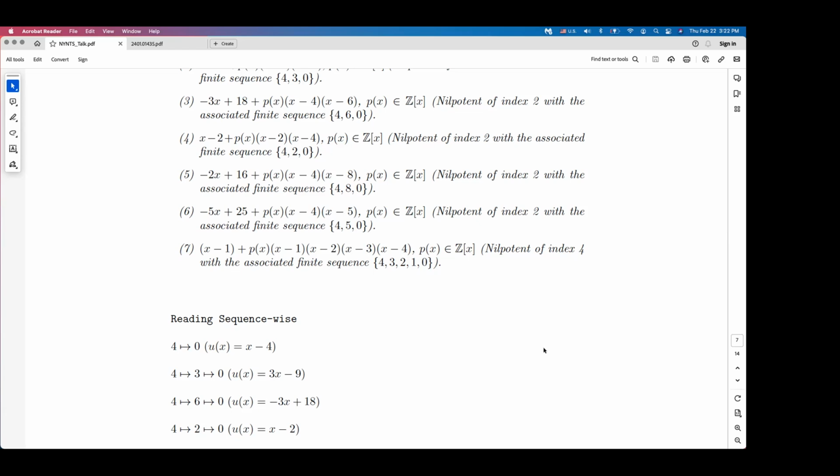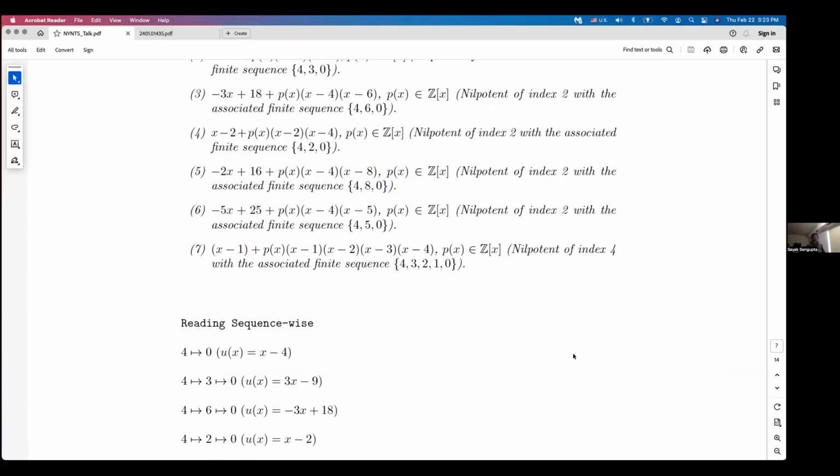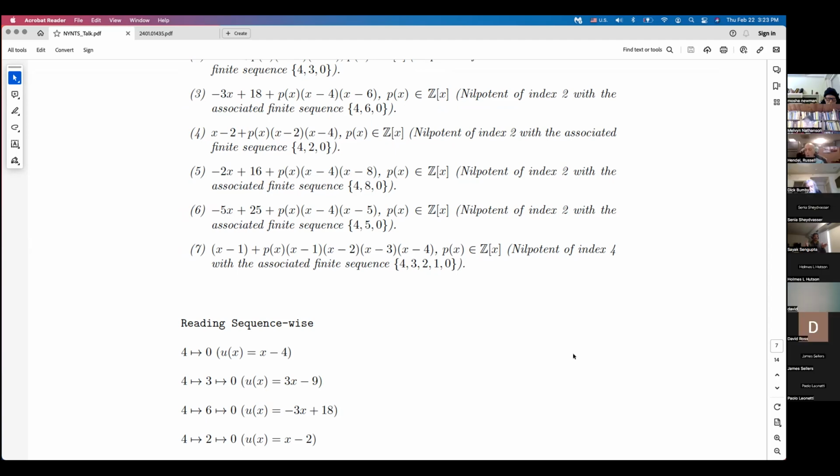If R is large enough, then is it true that if U is a polynomial of index m larger than R over 2, or I guess if R is odd then (R+1) over 2, then the next one is going to be index R. There is nothing in the middle, from R over 2 to R. That's how it's going to look.